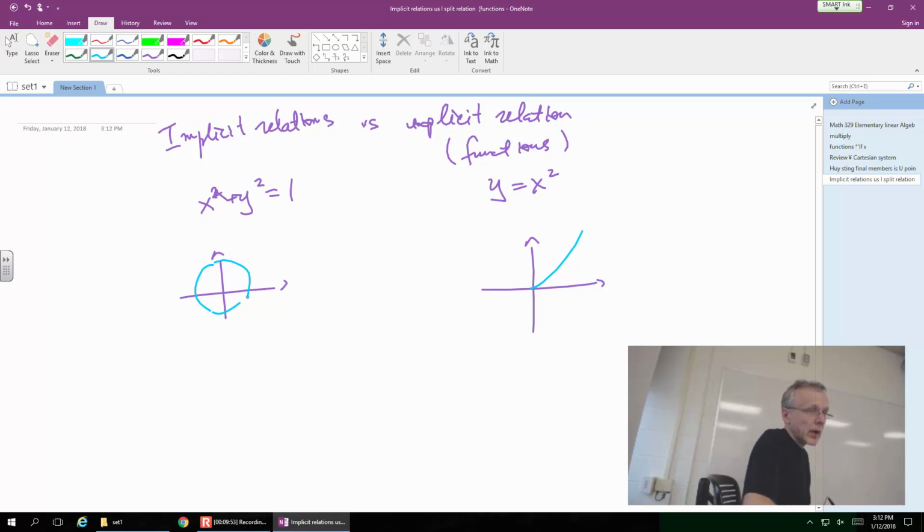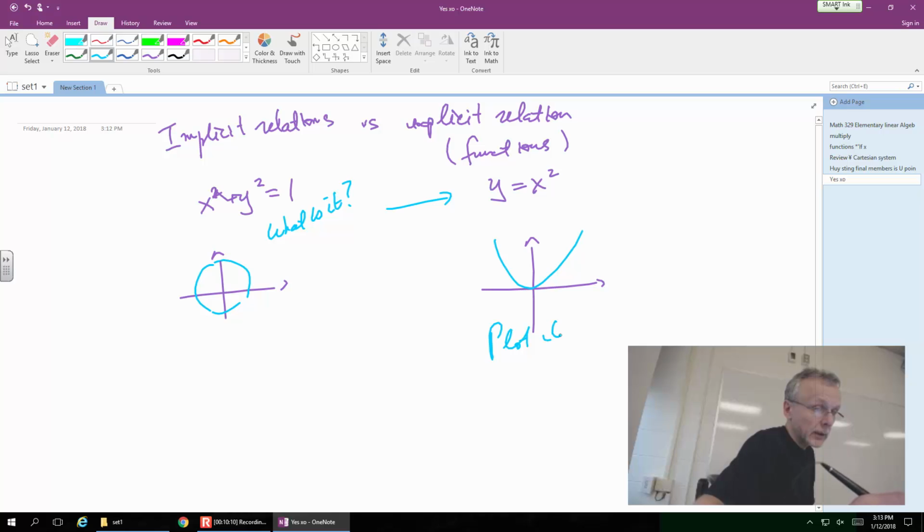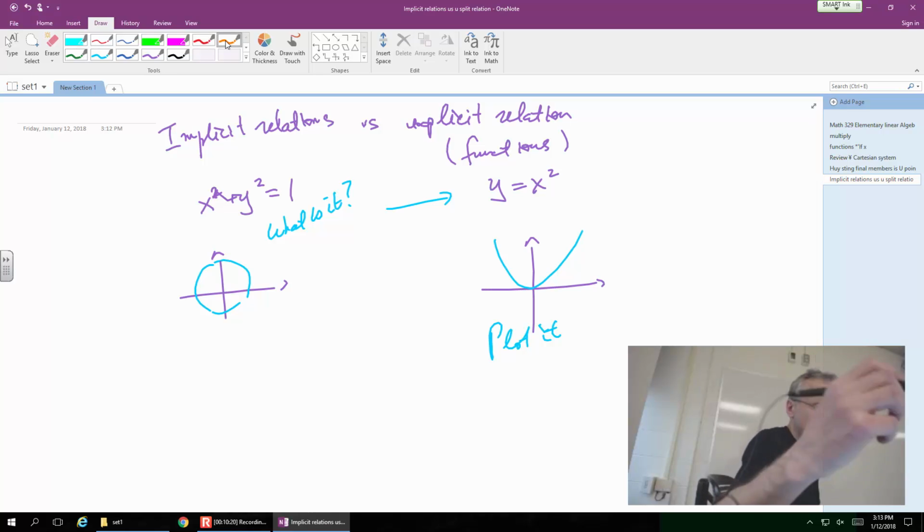The question becomes, what do we do in order to plot it? It is very easy to answer that for an explicit function, because how do I do it? I can simply plot it. How do I plot the function y equals x squared? Suppose that you don't know any calculus. You evaluate it at points.